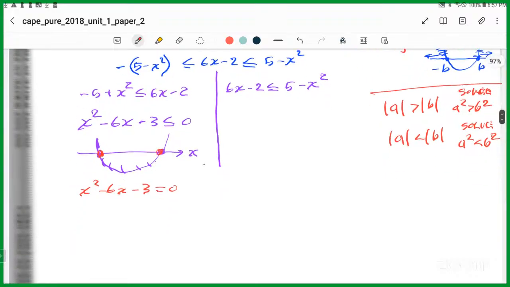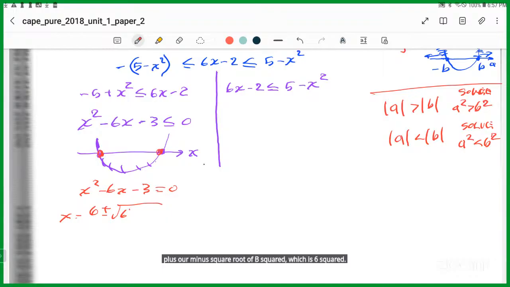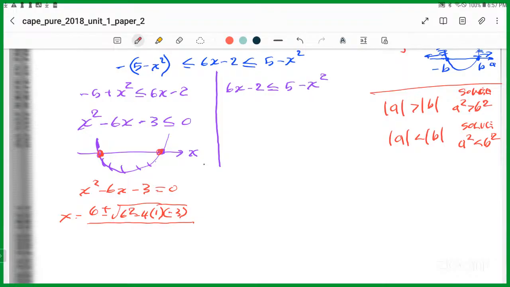So it will be x equals minus a negative 6, so 6, plus or minus the square root of b squared, which is 6 squared, minus 4 times a, which is 1 over here, times c, which is negative 3, everything over 2a, which is 2.